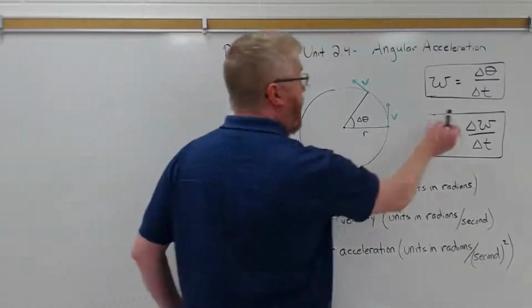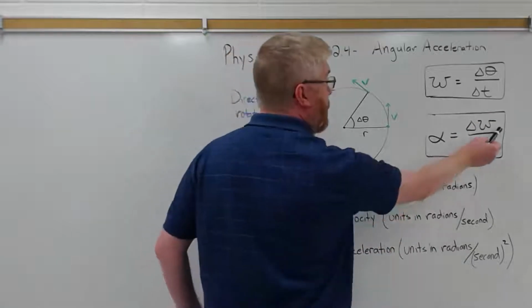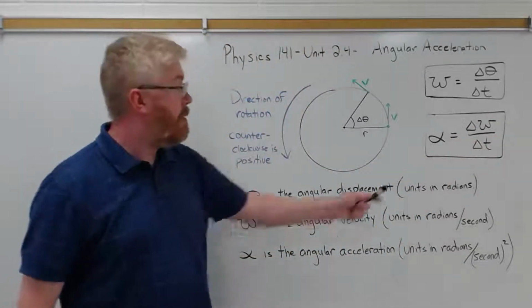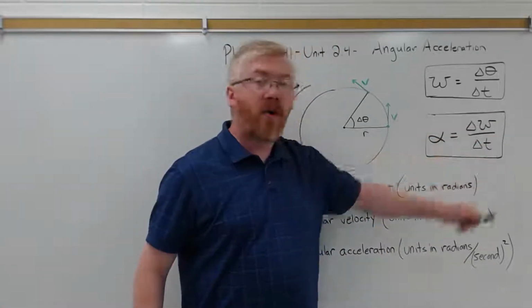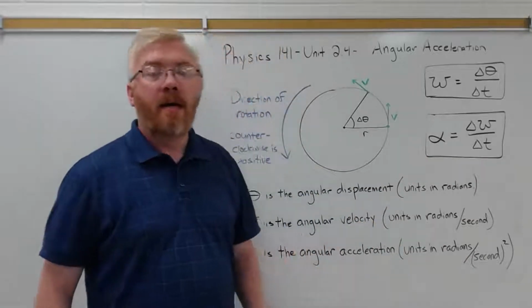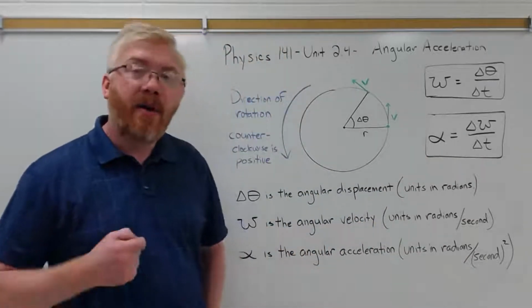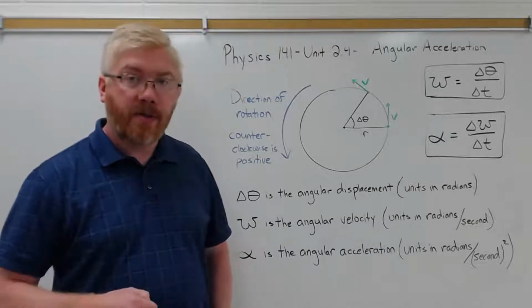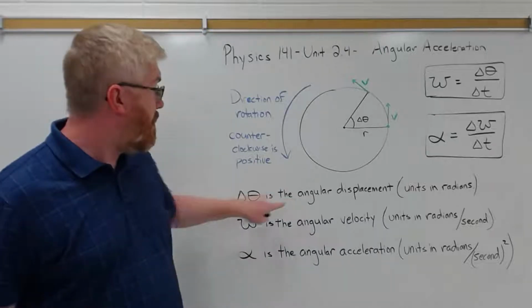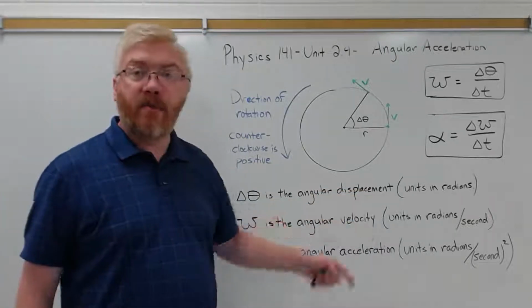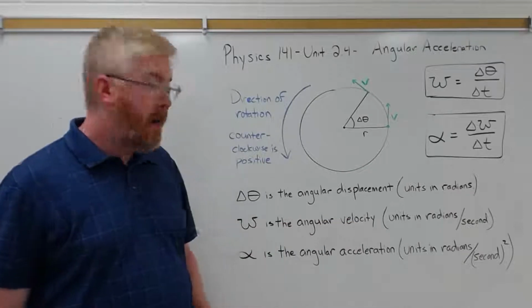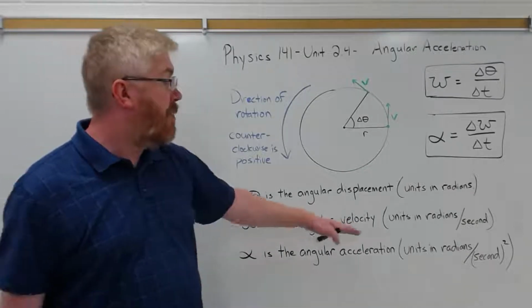Here's the equation for alpha. Alpha is equal to the change in angular speed, or angular velocity, over time. Note that there's a lot of similarities here between our linear equations. Here, angular displacement is delta theta. Our linear displacement was delta x. Omega here is the angular velocity.